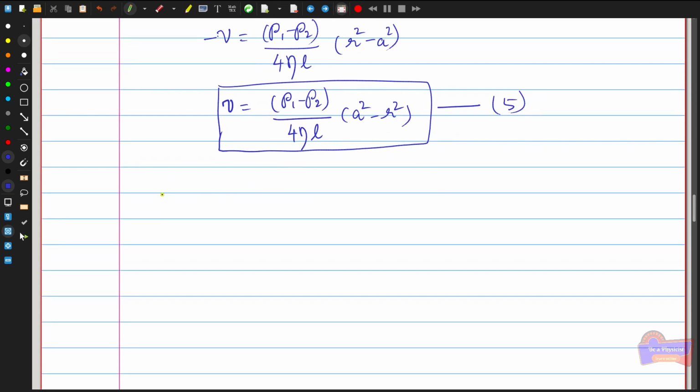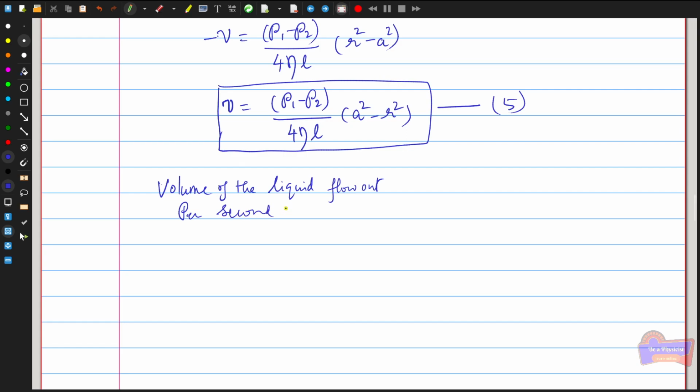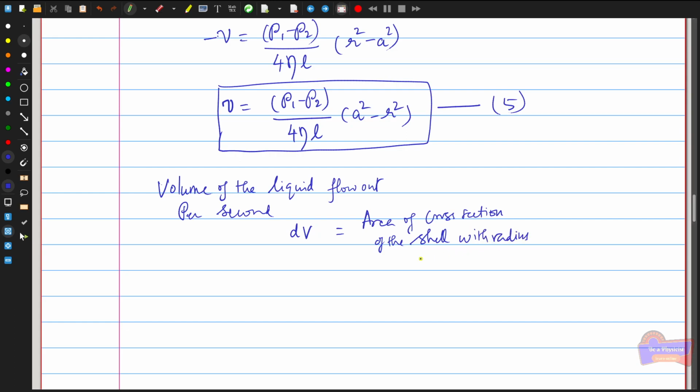So the volume of the liquid flowing out per second, which is taken as dV, is equal to the area of cross section of the shell with radius r and thickness dr, multiplied by the velocity of the flow.